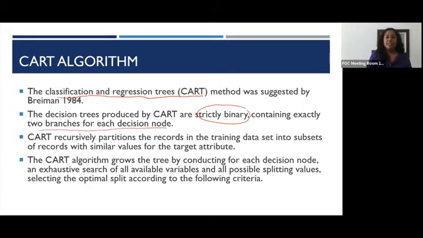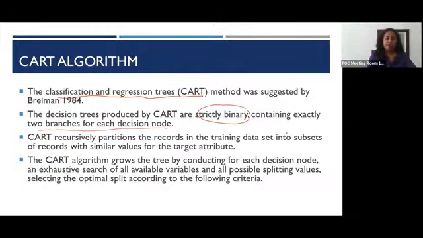CART recursively partitions the records in the training dataset into subsets of records with similar values for the target attribute. Basically, that is what this algorithm is doing. So it takes rows with similar values for the label and groups them together. It's partitioning, and it's going to look at the rule which can be applied for that.